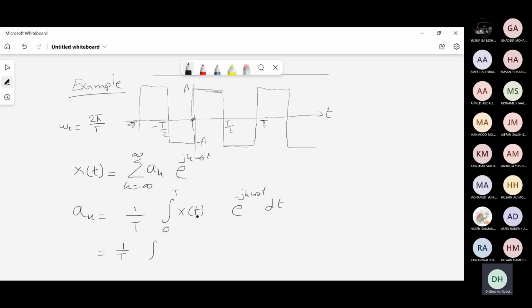Then it is from minus T over 2 to 0 of positive A multiplied by e to the power of minus j k omega naught t dt, plus integration from 0 to T over 2 of A e to the power of minus j k omega naught t dt.